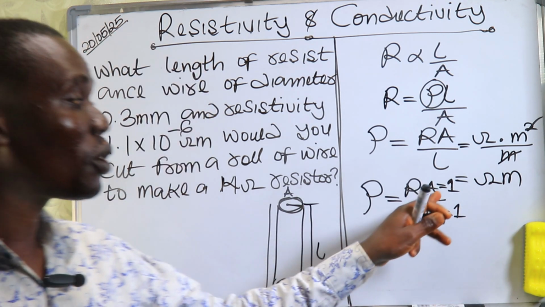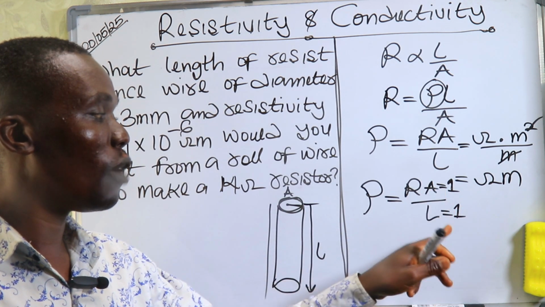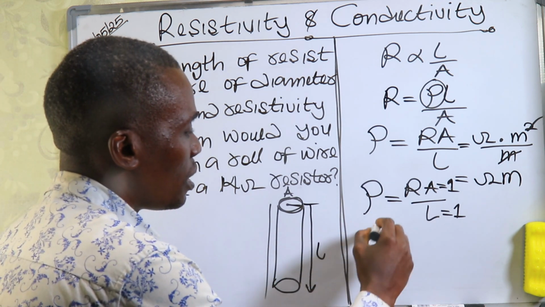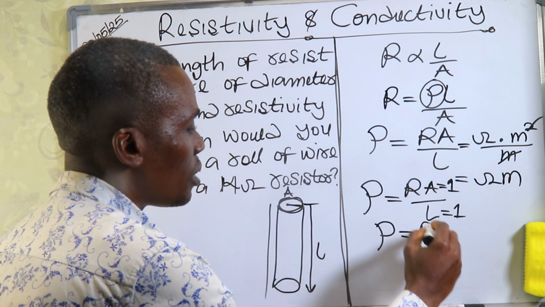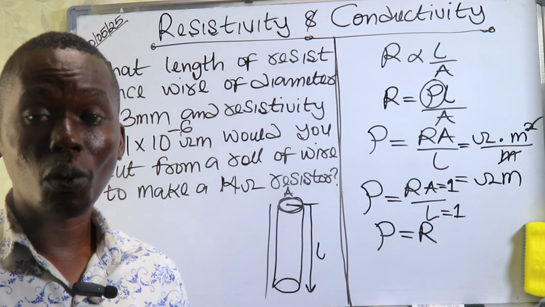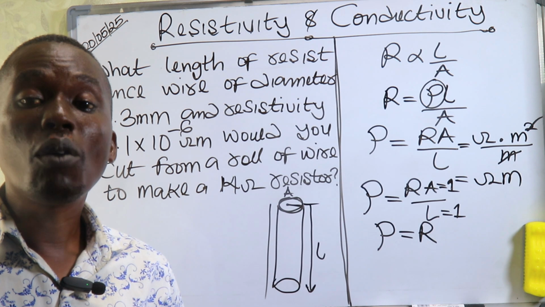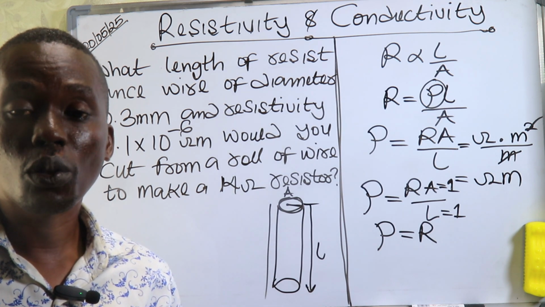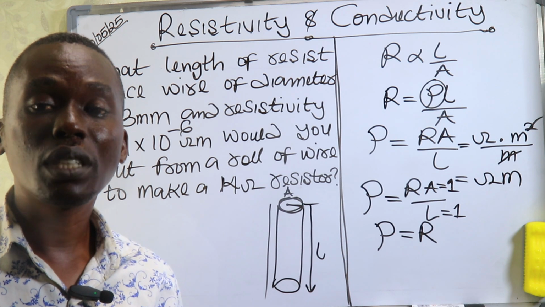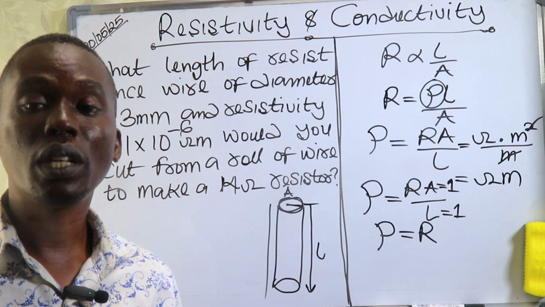Now, when we put the cross-sectional area as 1 and the length as 1, what happens? Resistivity is equal to the resistance. So the resistivity of any conductor is equal to the resistance of that conductor when the length of that conductor is 1 and the cross-sectional area of that conductor is 1.